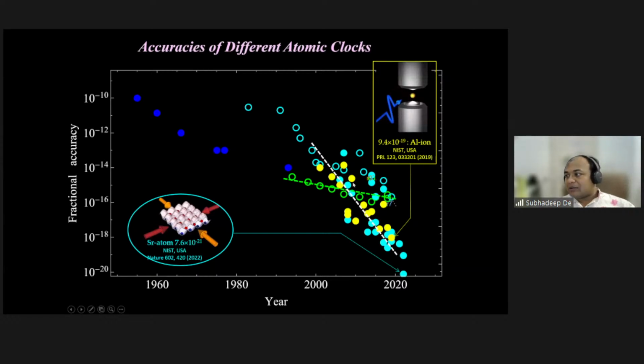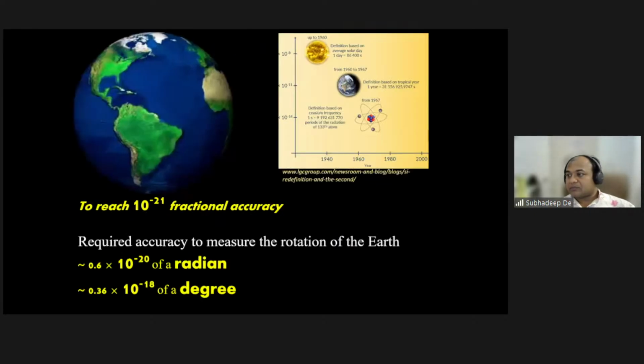Whereas the other ones, these cyan and yellow discs, have reached much better accuracy compared to the green ones or the microwave clocks, an accuracy level of 10 to the power minus 21. That is something like 4 to 5 orders of magnitude better compared to the microwave clocks. So at present the optical clocks are the state of the art atomic clocks.